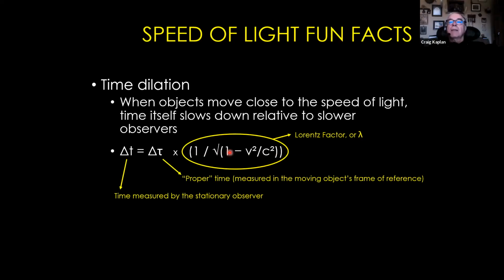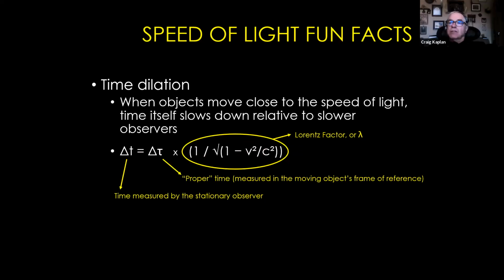So it becomes 1, and that means time experienced at whatever speed you're talking about is essentially the same as time experienced by the stationary observer. However, as v increases, the Lorentz factor begins increasing away from 1, higher than 1.